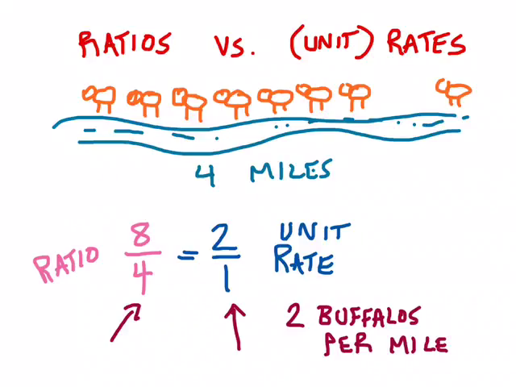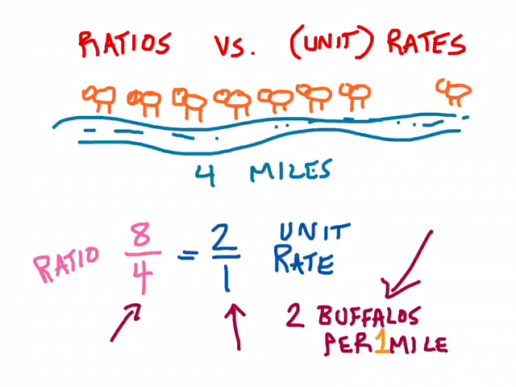The other thing we want to notice is that when I look at this statistic that I came up with at the end, my unit rate, 2 buffaloes per mile, it's important to see that that is 2 buffaloes per every 1 mile. When we say a unit rate like that, we don't say the 1, but it's really, really important that we recognize that it's there.